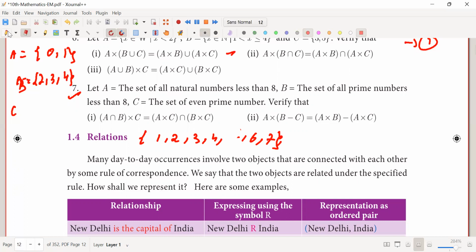B is the set of all prime numbers less than 8. B would be 2, 3, 5 and 7. Good. C is the set of even prime numbers. C is 2.